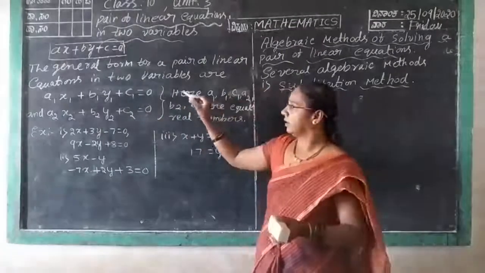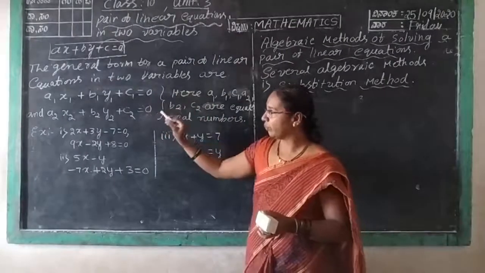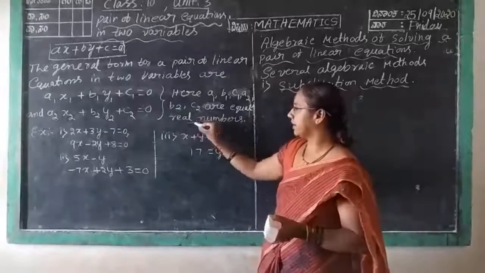Here a1, b1, c1, a2, b2 and c2 are real numbers.